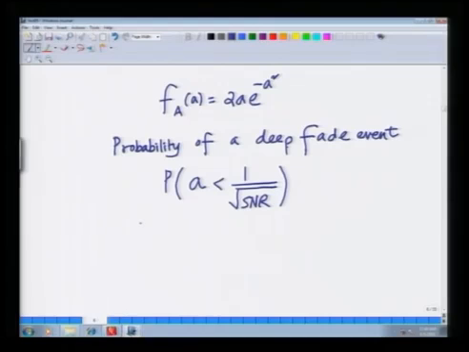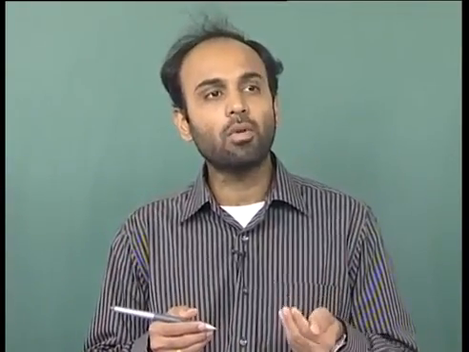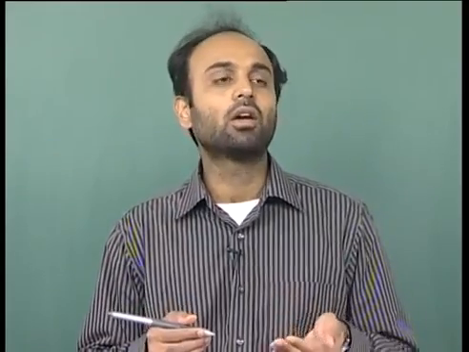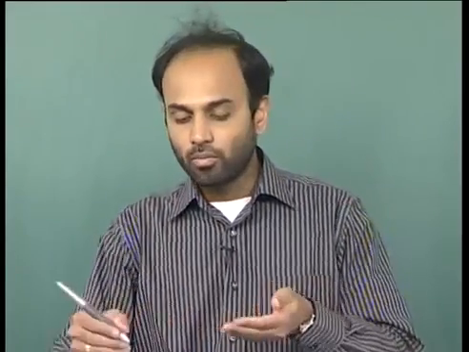That is, if A is less than 1 over square root of SNR, then the wireless channel is in a deep fade and the bit error rate is very high, because the signal power is much less than the noise power. If the signal power is less than the noise power, then the signal to noise ratio is very low, which means the bit error rate of that system is very high, or the performance of that system is very poor. Now, we want to find out what is the probability with which this happens, which will depend on the nature of this fading coefficient.